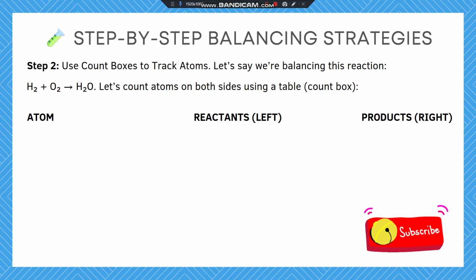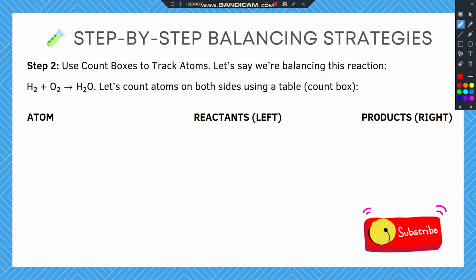So step number 2 is to use count boxes to track atoms. Okay, what are count boxes? Count boxes are simply written trackers that you use to analyze the number of atoms that you have. So here is what I mean. For example, now we want to balance this chemical equation, the equation that shows the combination of hydrogen and oxygen to form water.